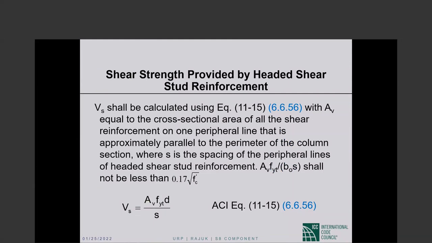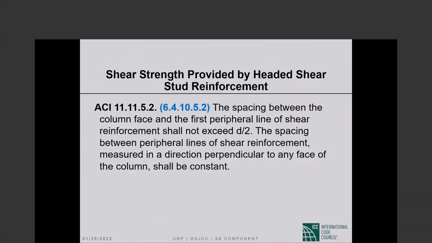Okay. This Av fyt divided by bo s shall not be any less than 2 square root of f'c. Where s is the spacing of the peripheral lines of headed shear stud reinforcement, Av fyt divided by bo s shall not be any less than 2 square root of f'c. That is a limitation that is placed.